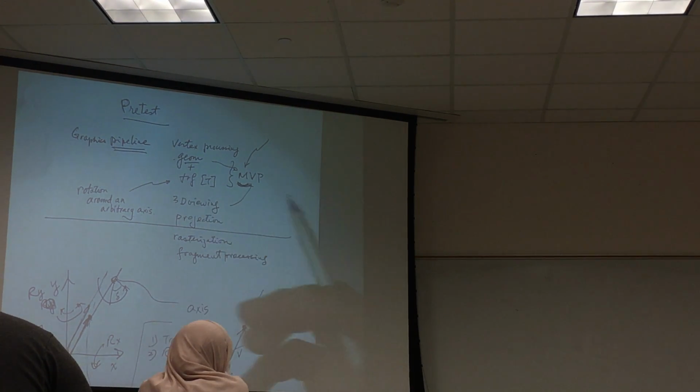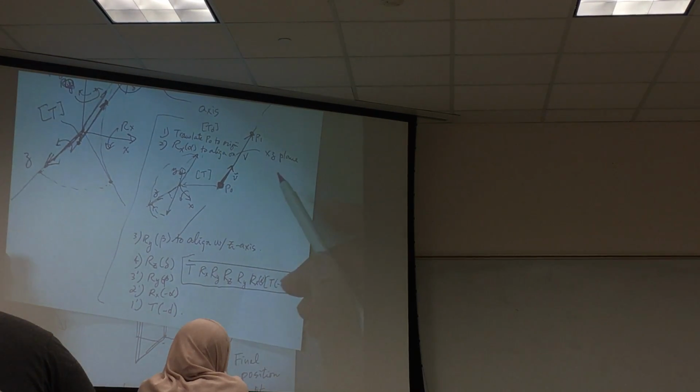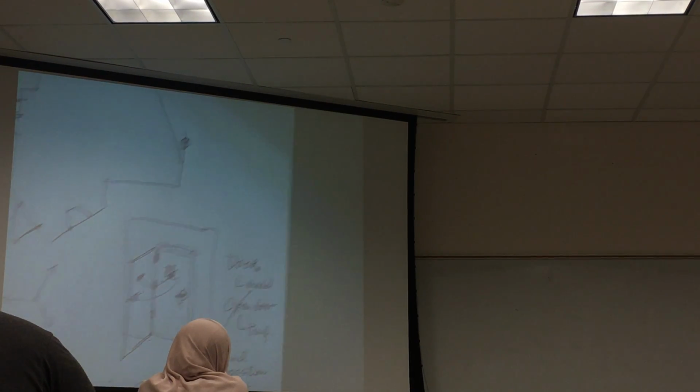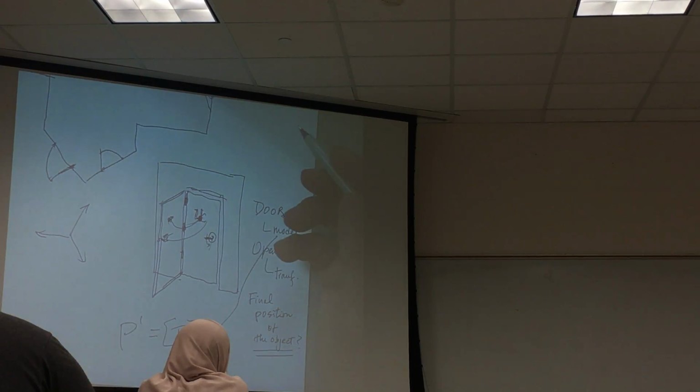And the most complex transformation we just said is rotation around any arbitrary axis, which means I need to know whether you understand the rotation axis, and how to do rotation around that axis.